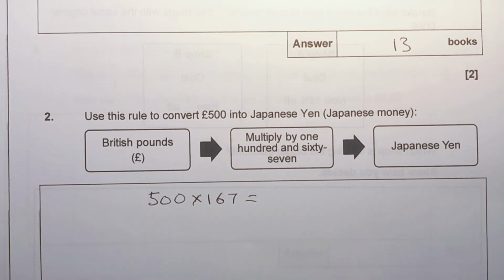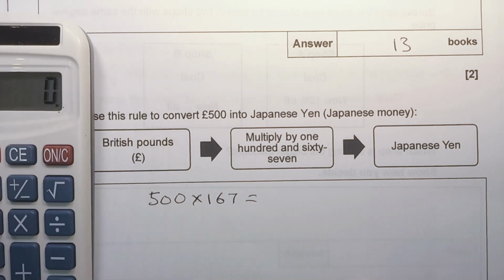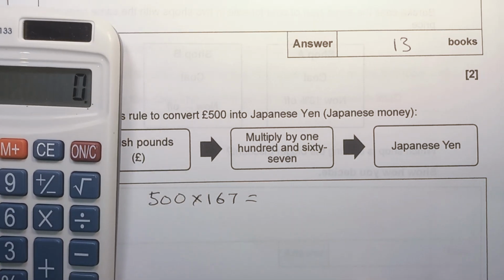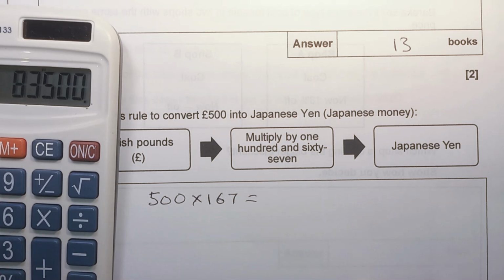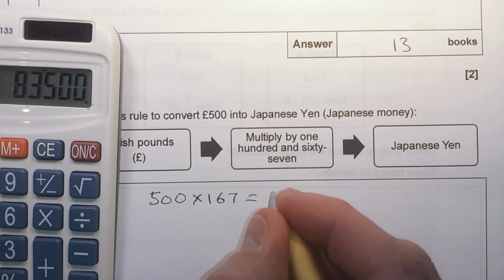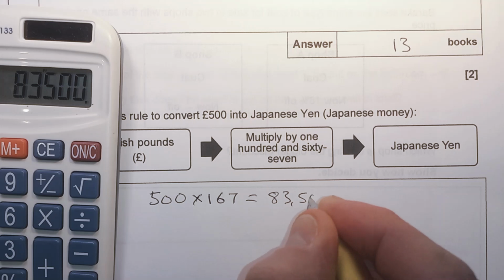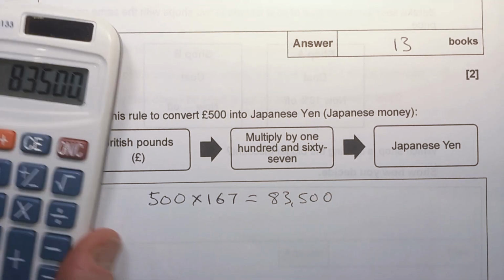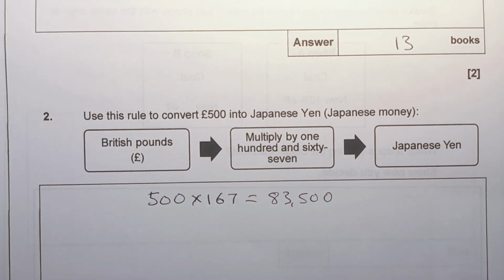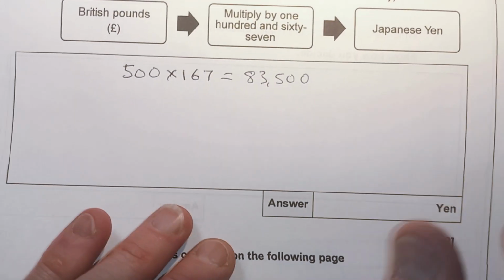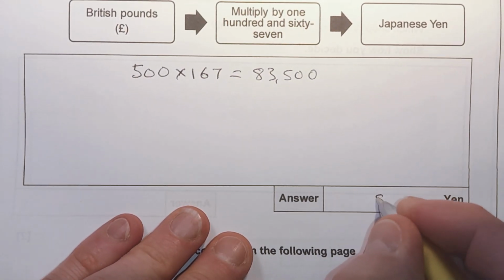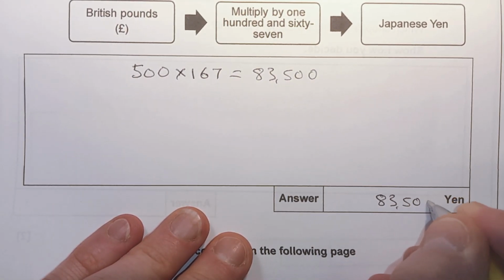So again, we can type this straight into the calculator. Do it on here so we can see 500 times 167, and we get 83,500 yen, and we can put that in our answer box down here.